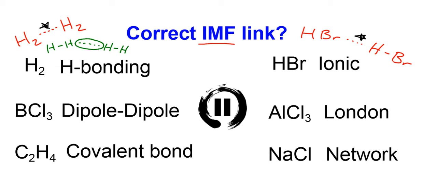That force right there can be determined by looking at the actual molecule itself. This molecule does not have any polarity. It is not a metal and a nonmetal, so it's not ionic. So to me, this one clearly is an LD. And if it's an LD, that is not matched correctly. That is not H bonding, even though that's a hydrogen.